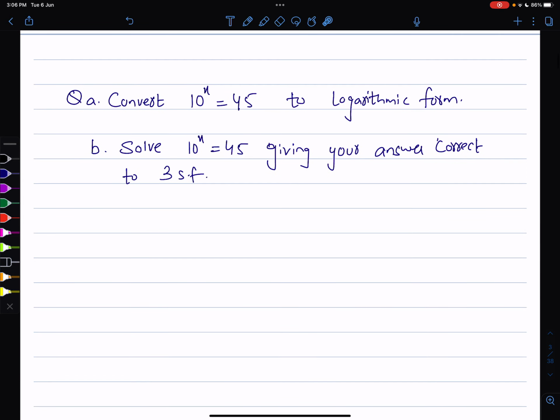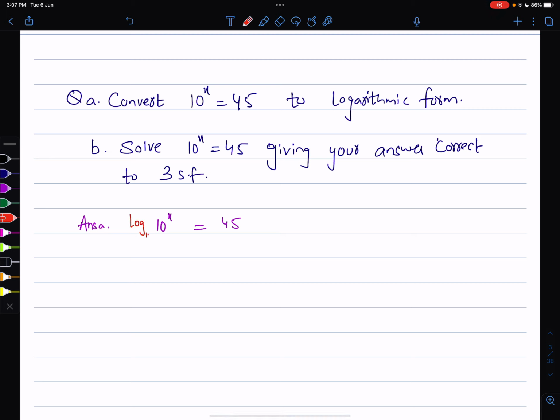Let's consider this example. In the first part, we need to convert 10 to the power of x equals 45 to log form. So 10 to the power of x equals 45 is the exponential form. We need to convert this into the log form. We are going to apply logs on both the sides.